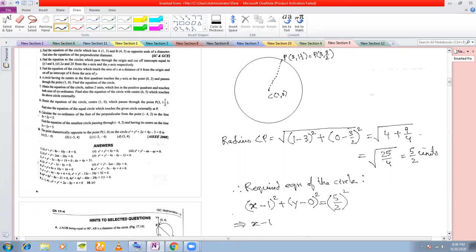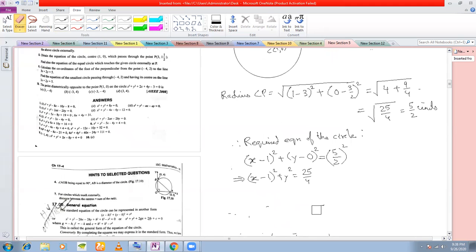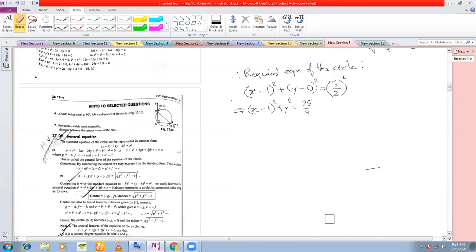You get x minus 1 whole square plus y square equals 25 by 4. So now you can write this as 4 times x minus 1 whole square plus 4y square is equal to 25.